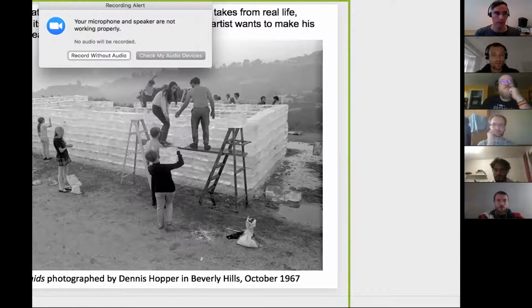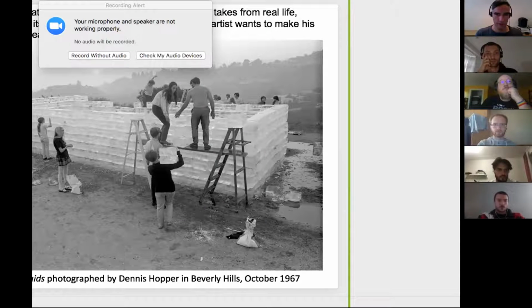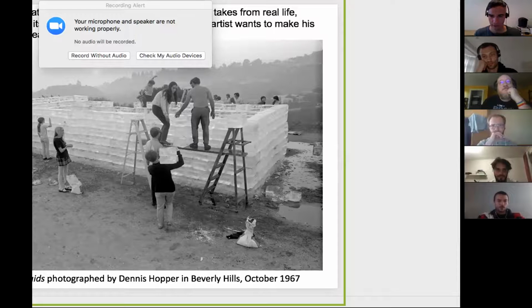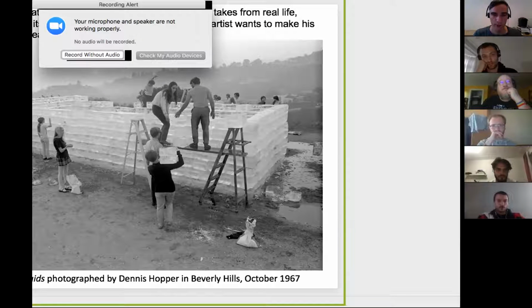So are you all looking at a slide of Fluids by Alan Kaprow? It's like people hanging out along a structure made of ice. Yes. Okay. Yeah, about half of it, I think. Let me see if I can expand that.